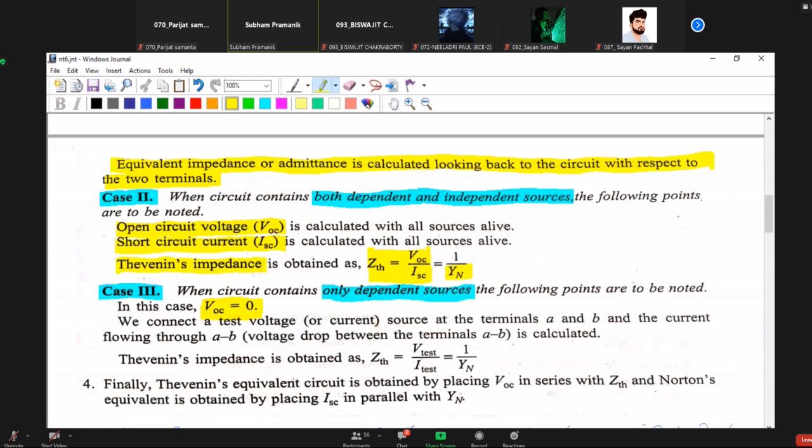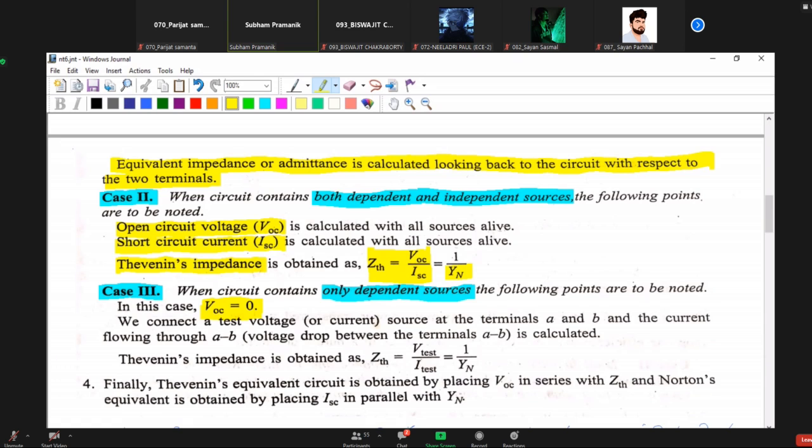Similar things can be stated for Norton's theorem also. If you apply Norton's theorem, then the short circuit current will be zero. So remember, here the network will contain a single resistor or impedance, whatever is applicable.